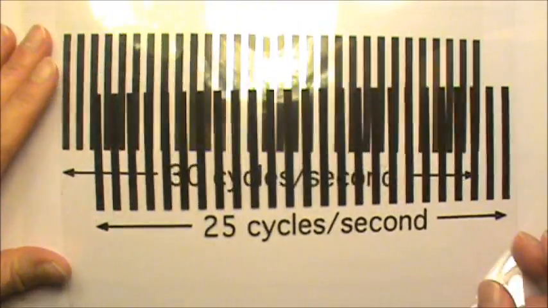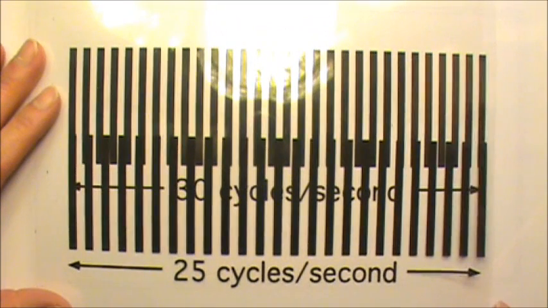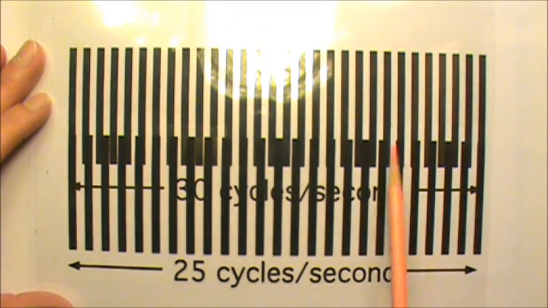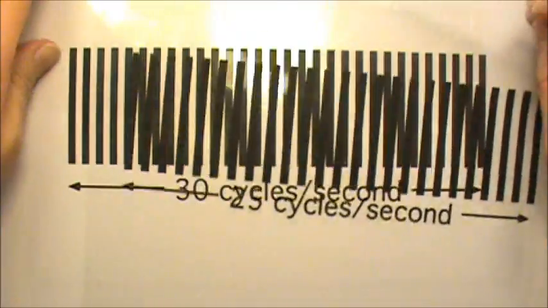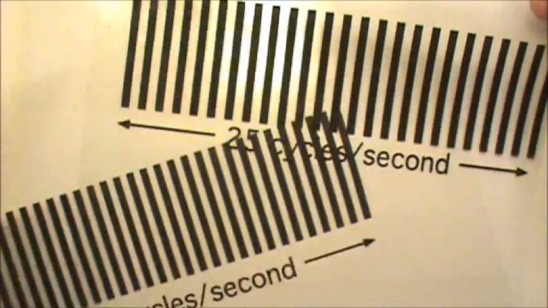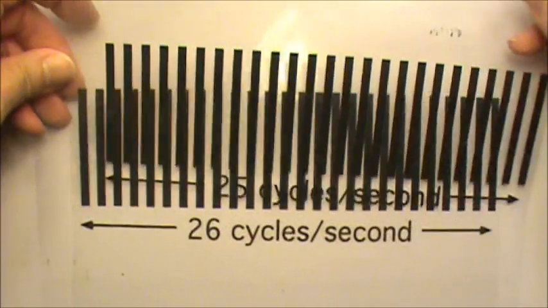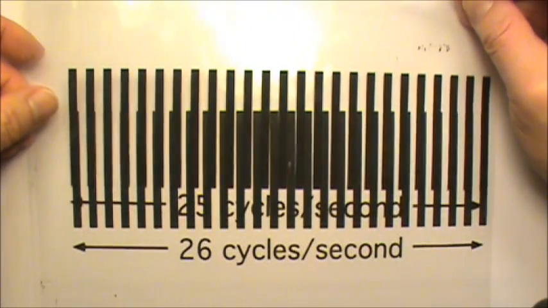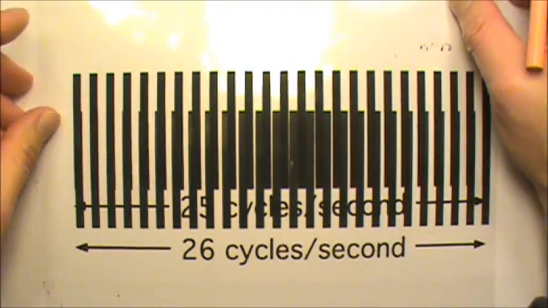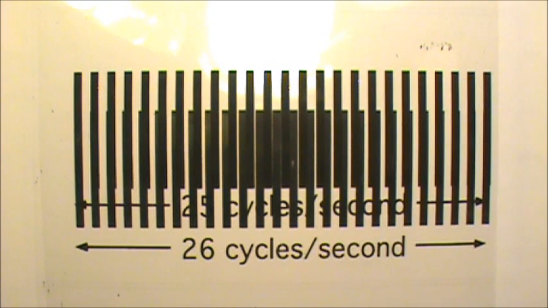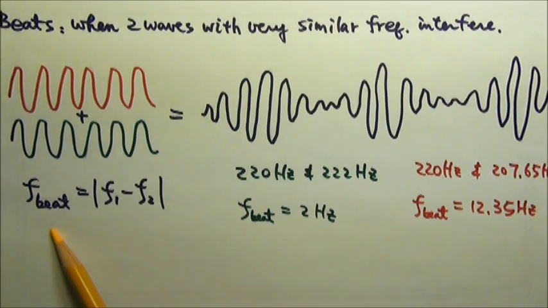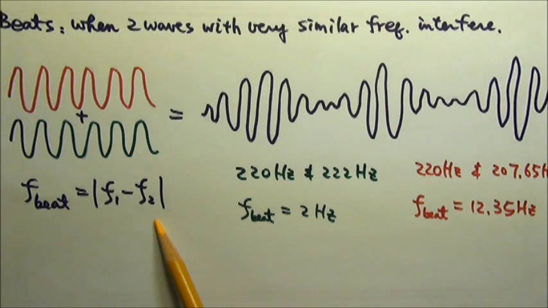So if I do 25 and 30, I get 5 beats every second. And if I try 25 and 26, how many beats every second? 1 beat every second, right? So the beat frequency is the difference of the two frequencies.